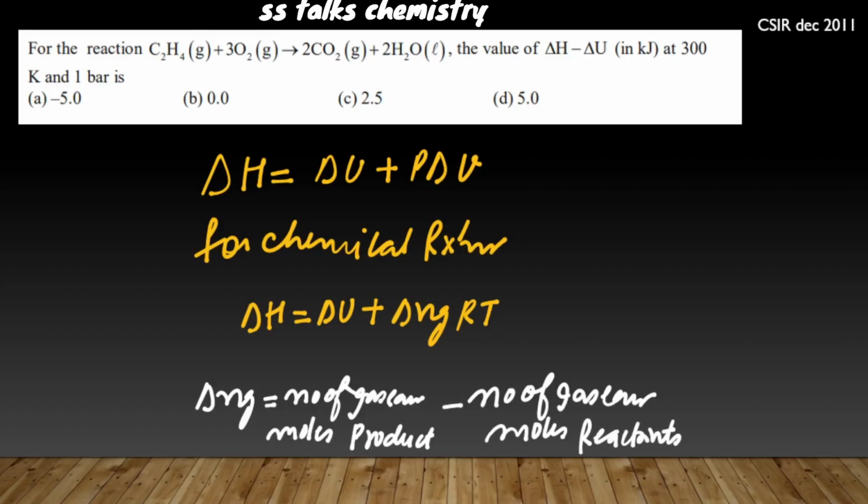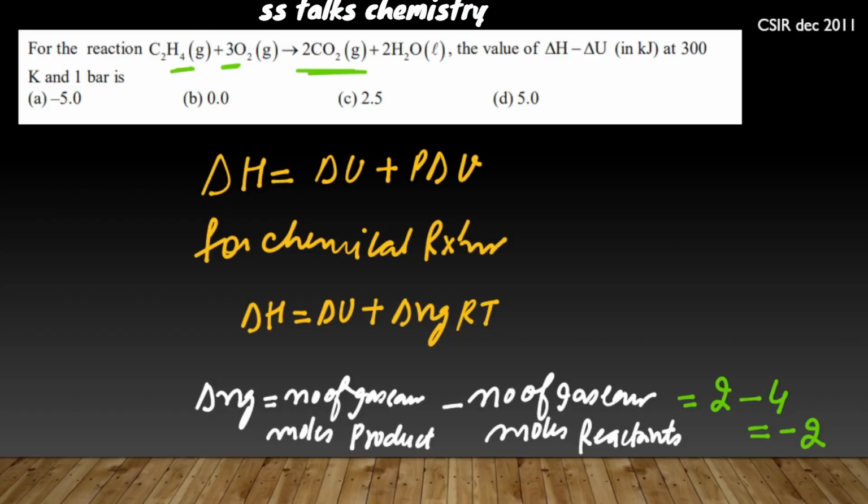This is how we define it. In the given reaction, on the product side you have two gaseous moles, so delta ng here is going to be 2 minus. On the reactant side we have 3 plus 1, that is 4. So 2 minus 4, that is minus 2, right?